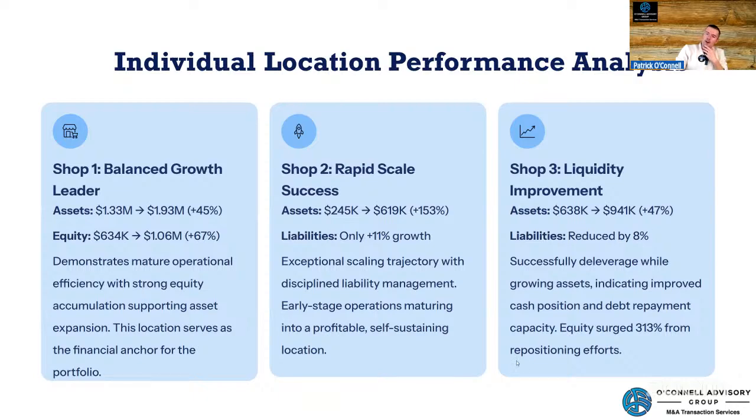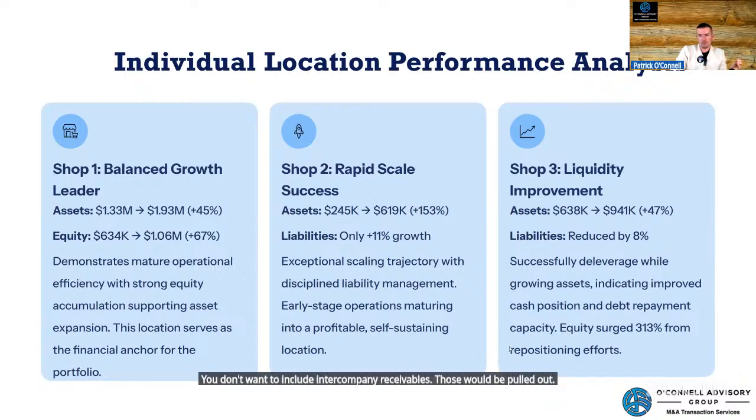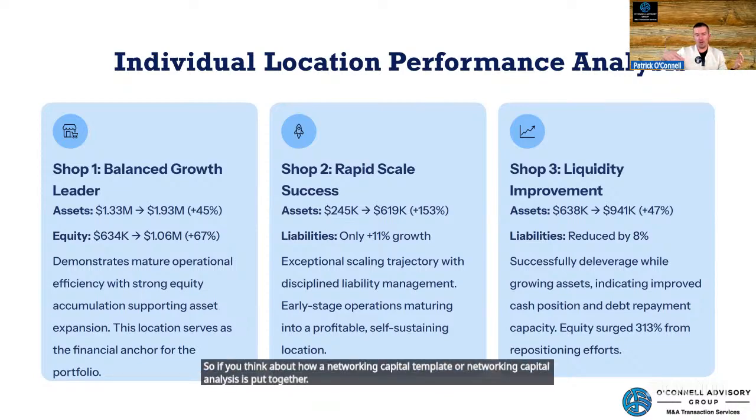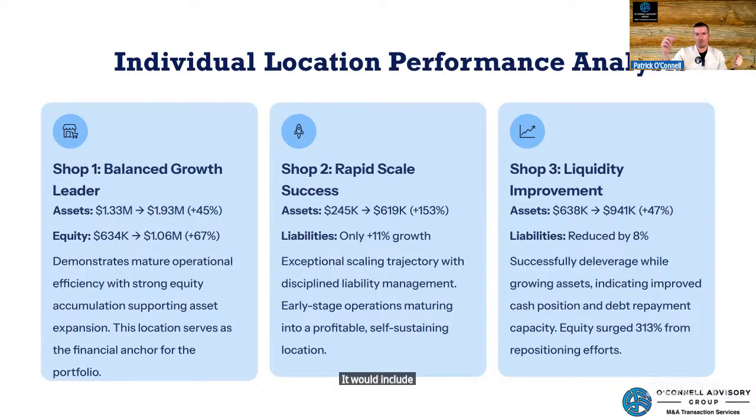So when we think about net working capital, and that's a great question, Daniel, you don't want to include intercompany receivables. Those would be pulled out. If you think about how a net working capital analysis is put together, it would include the intercompany receivables in the reported net working capital.